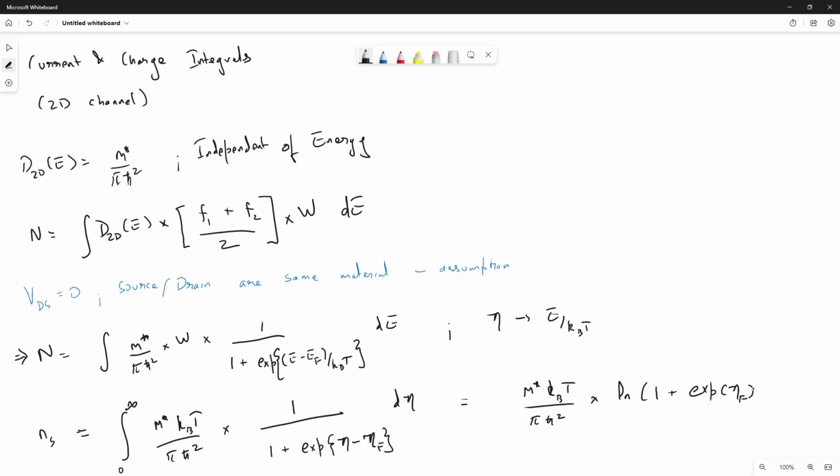Will it be exponential eta f or exponential minus? No, it will be exponential eta f. There may be a minus sign here. I'm not very confident. I do not want to do the integral.